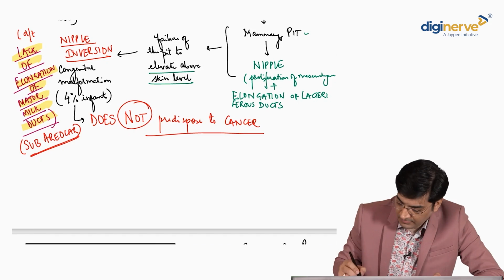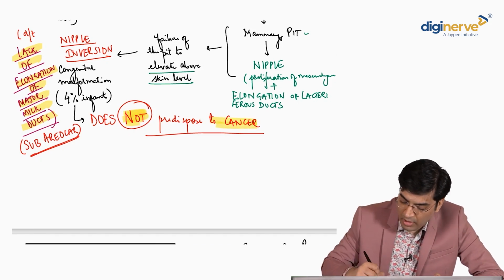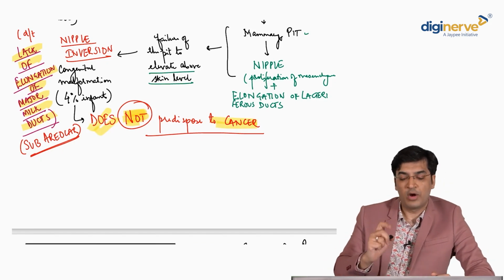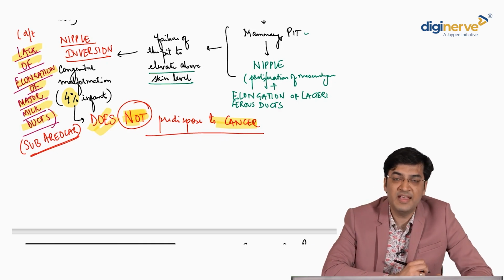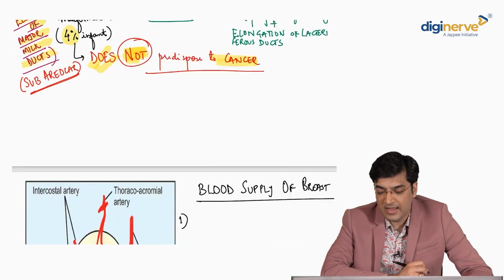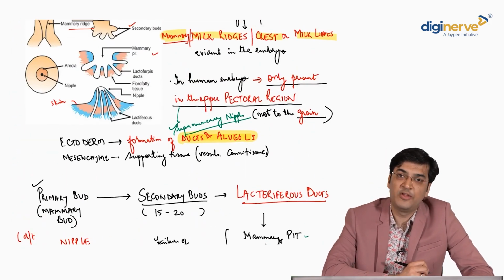Does not predispose to cancer, important point. This abnormality is seen in 4% of infants, alright? Okay, fine. So, this was about the embryology of the breast that you need to remember.